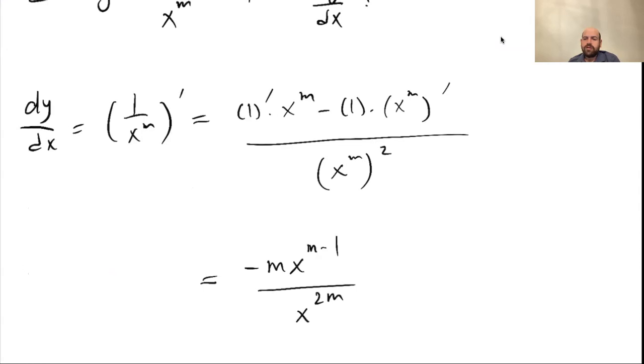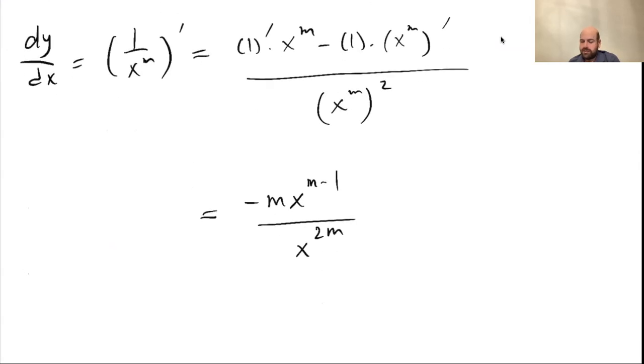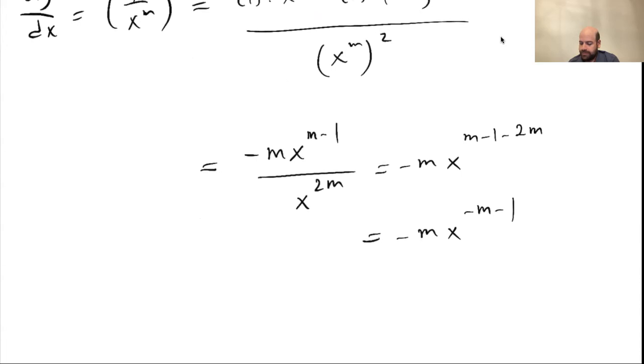X to the power m to the power 2 means x to the power 2m. We can write this as minus m x to the power m minus 1 minus 2m. We subtract the powers, and then we get minus m x to the power minus m minus 1, because m minus 2m is minus m.